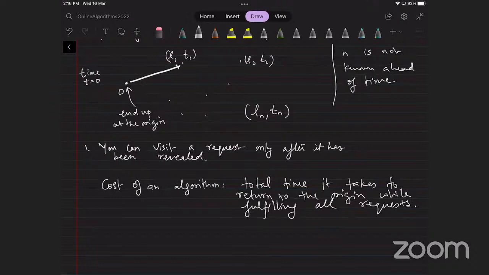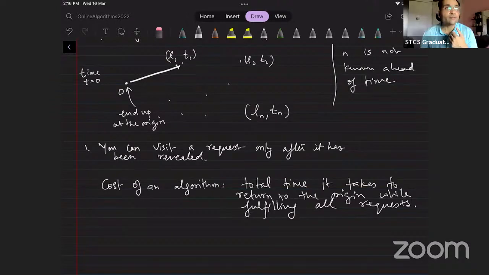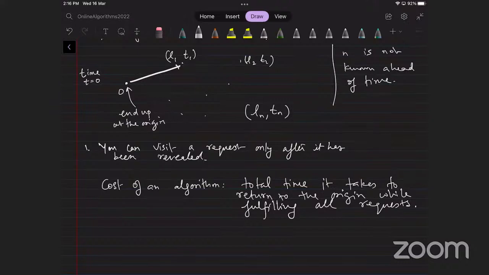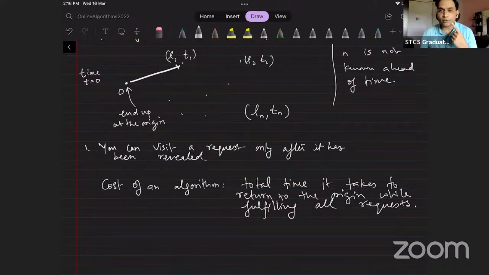You can decide on an algorithm which waits for a while, and if it doesn't see any more requests, goes back to the origin. It can restart if it wants. No problem. So it's not that the origin has to be touched only once. You can keep visiting the origin again and again, as many times as you want.